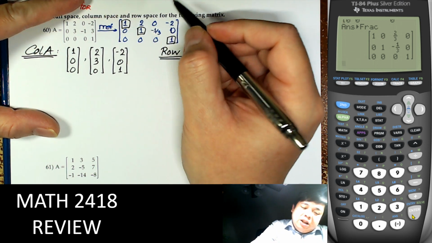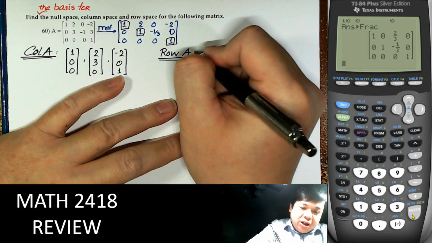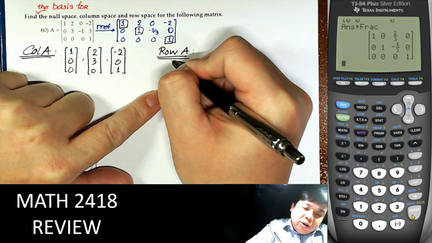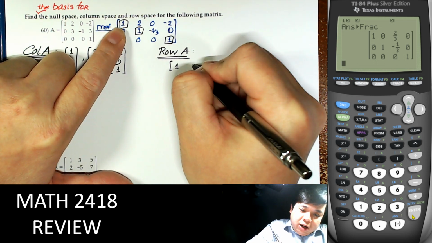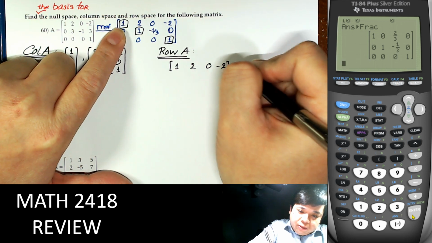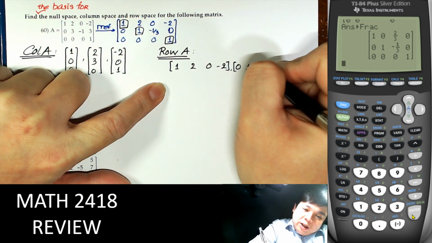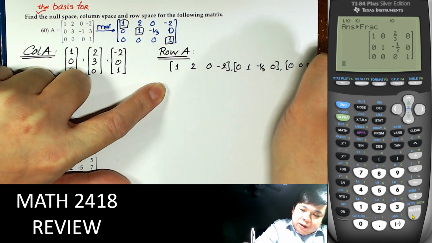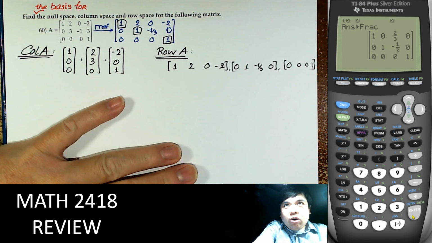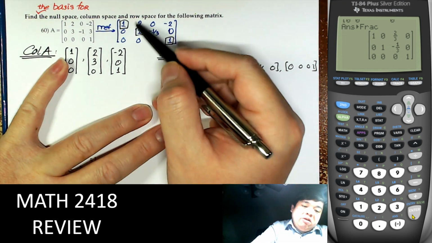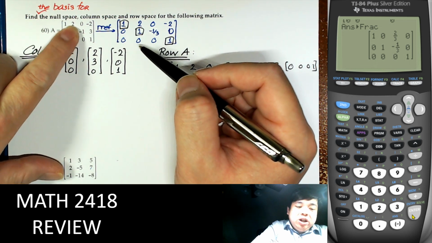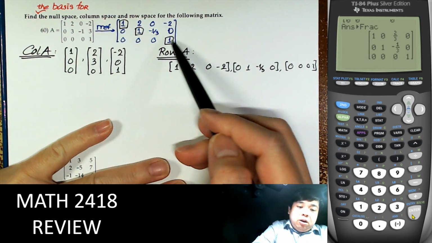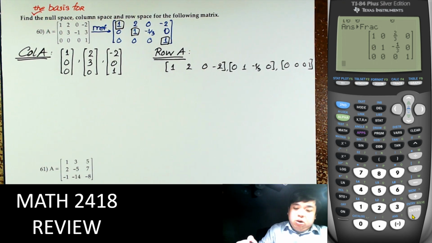We just look at this, and there are three pivots, so we just write all three pivot rows in the result here. So the basis for the row space of A is 1, 2, 0, negative 2, 0, 1, negative 1 third, 0, and 0, 0, 0, 1. So we reduce to echelon form, and for the column space, where the pivots are, we pick the original columns from the original matrix. For the row space, we just pick the pivot rows in the reduced echelon form.